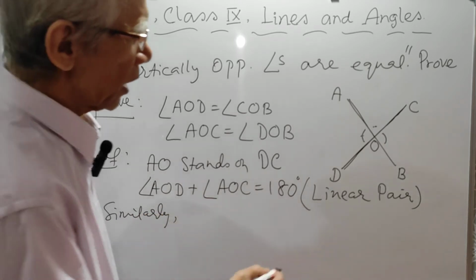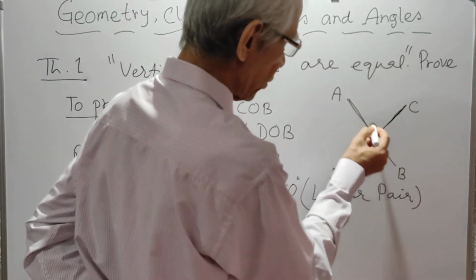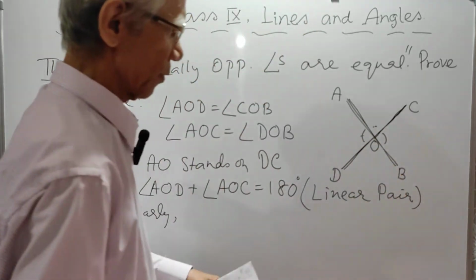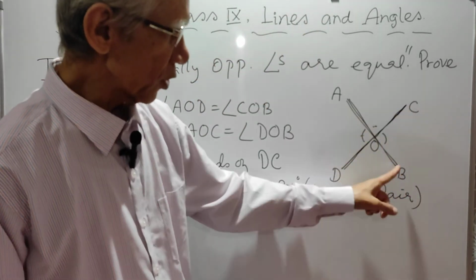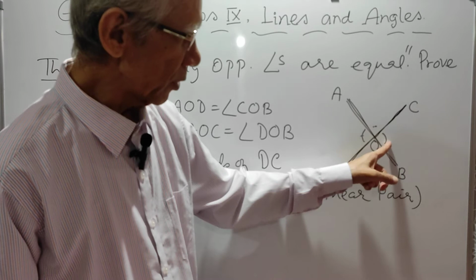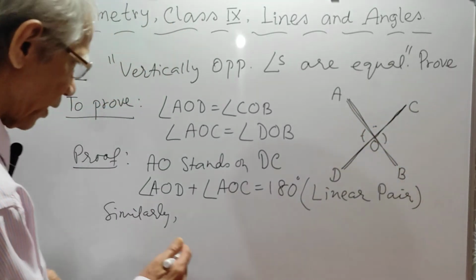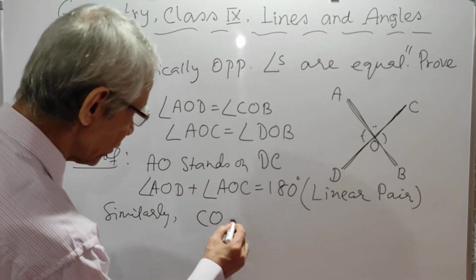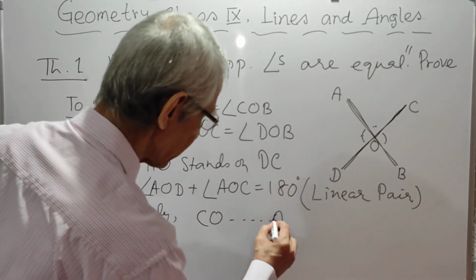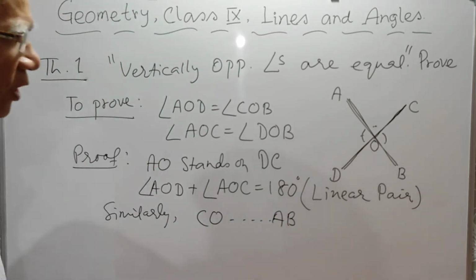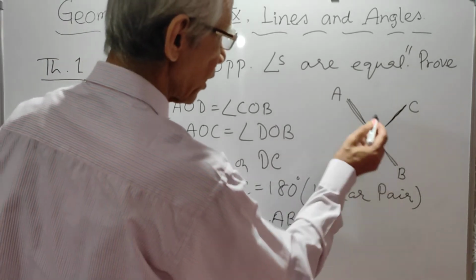Again, similarly, we can say CO stands on AB. Therefore, the sum of these two will be 180 degrees. Similarly, CO stands on AB, therefore the sum of these two angles is 180 degrees.